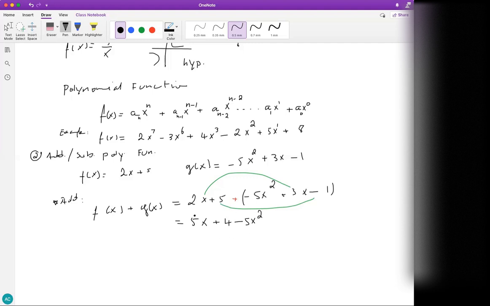How do we rearrange this so it looks in the standard form of polynomial functions? How do you rewrite this? We want it to look in this form. So which term do we write first? Which term from this do we write first?